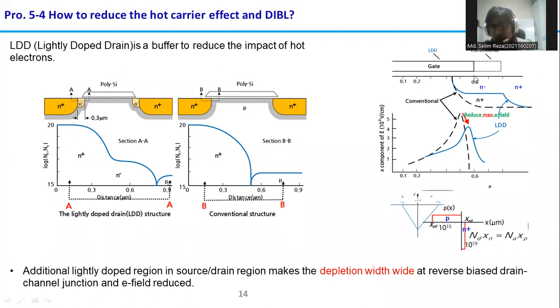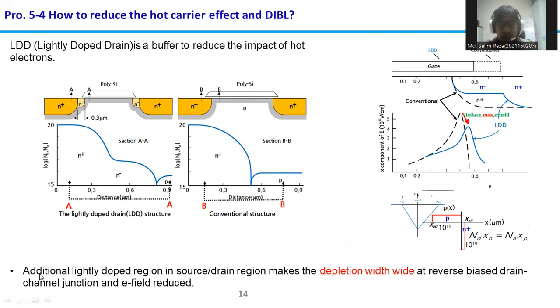If we add a new LDD, that means lightly doped drain here, it will shift the energy level here, and this one is for source and drain, and it also reduces the maximum electric field.